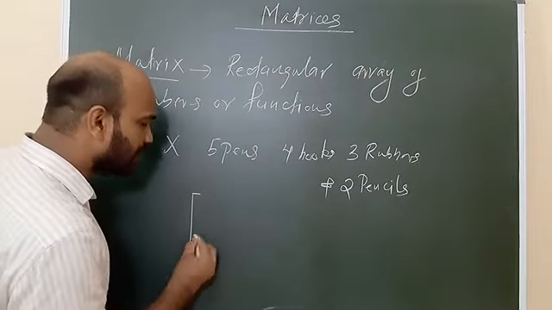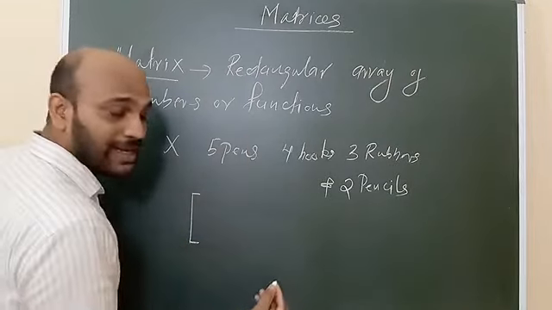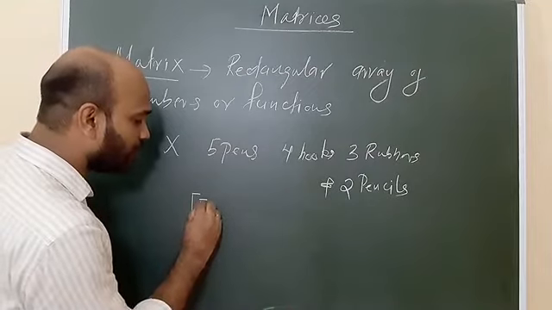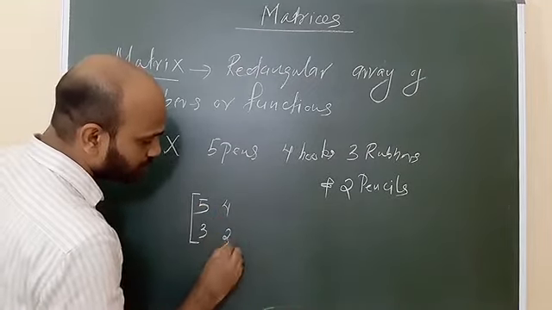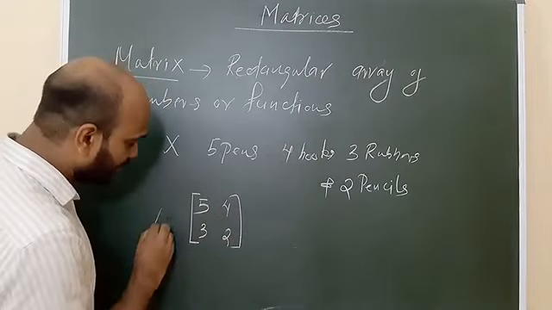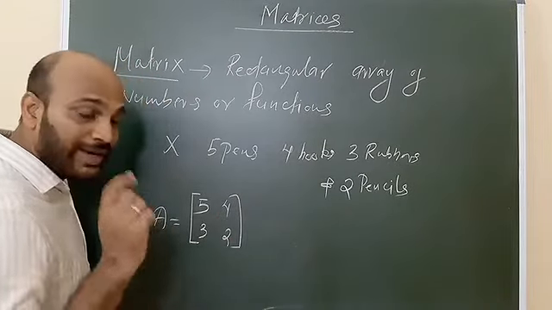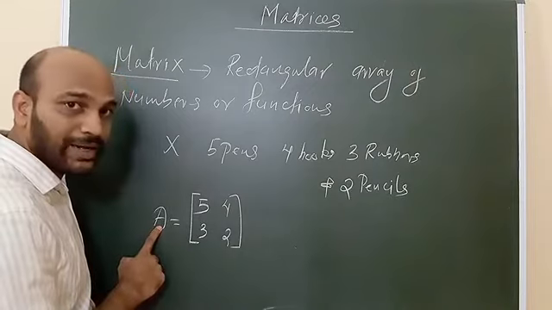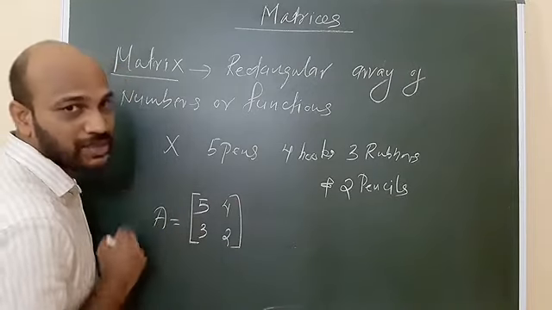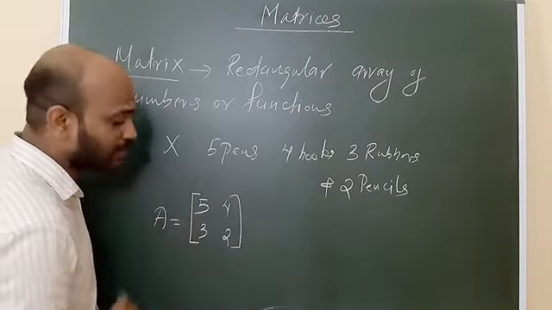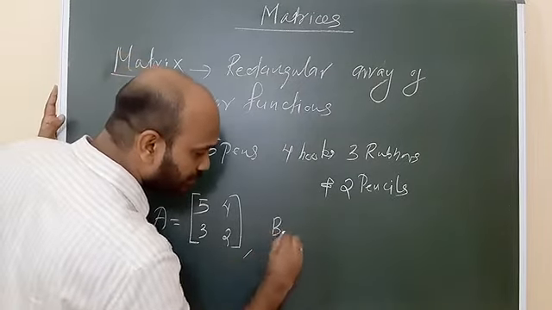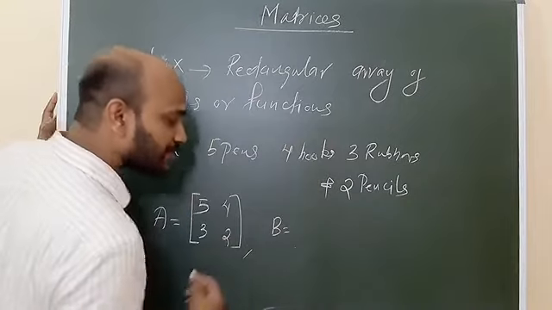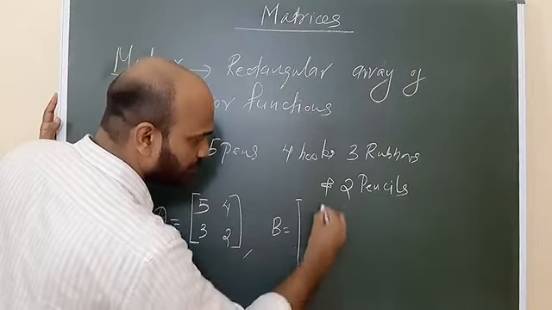We can represent like this. 4 data are there, so we can represent in rectangular form as 5, 4, 3, 2. This is one way. We can take it as A. We denote a matrix by capital letters and its elements by small letters in case of variables. Okay, so this is one way, and we can represent this data in this way also.